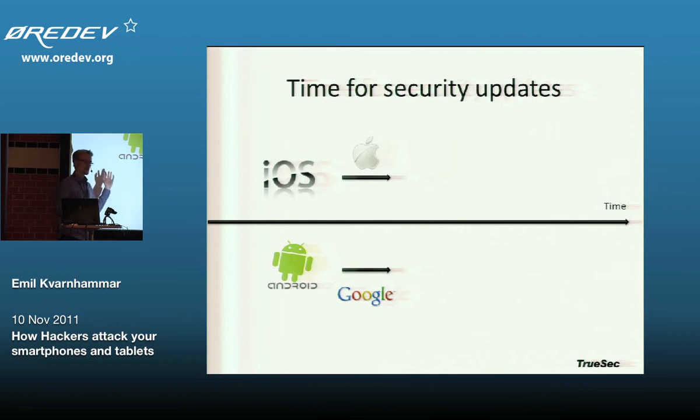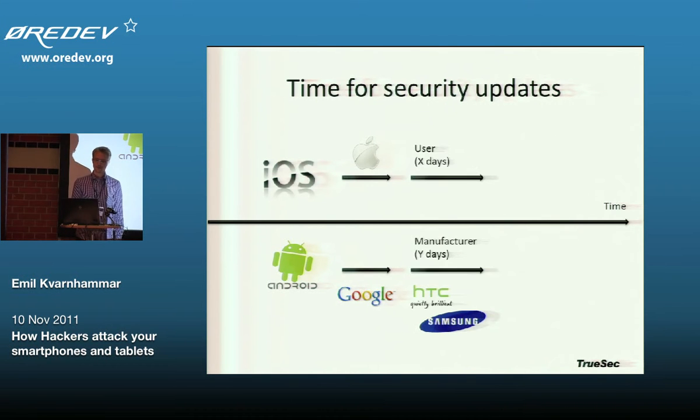In the Android case, it could be one of the other companies involved in the Android ecosystem. But it's about the same time, actually. One could always argue that it's a day back and forth, but I think this is about the same, at least in the issues that I've followed up.